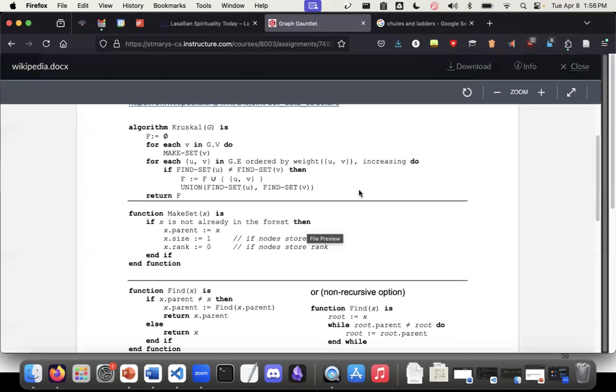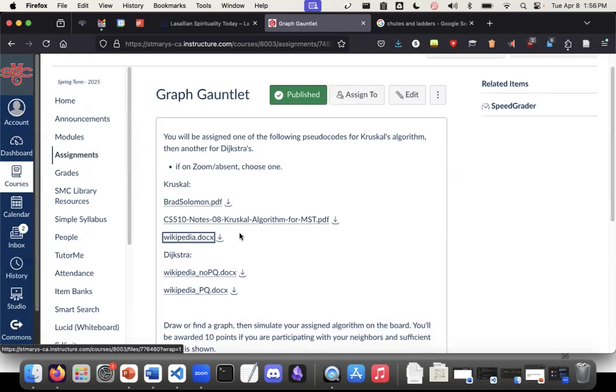We should have a broad understanding of how the algorithm works. Now it's your job to actually reference an example, which shouldn't be too different from what we've talked about, and make it happen. We'll do that once with Kruskal's and once with Dijkstra's. Okay, so get into groups, and then I will walk around and tell you 1, 2, or 3.